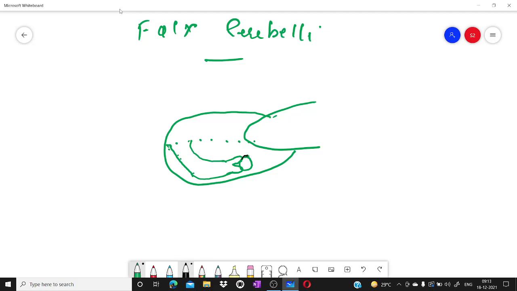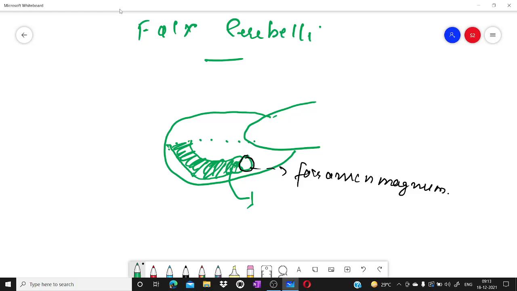So this is the foramen magnum, and this is the falx cerebelli.